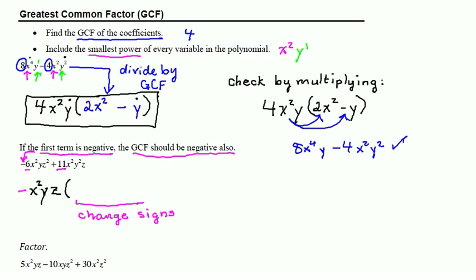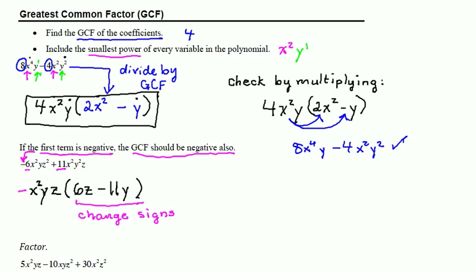So that leaves us with now positive 6, and z is the only variable factor remaining from the first term. For my second term, I started with positive 11. I'm now going to have negative 11 as my coefficient. And x squared, y squared, it looks like I still have 1y remaining after taking out 1y. I took out my z, so I no longer have a z.